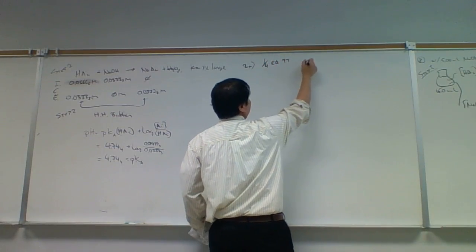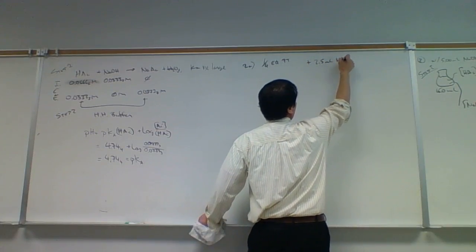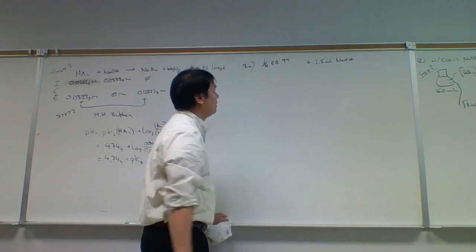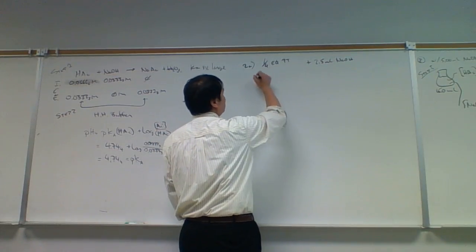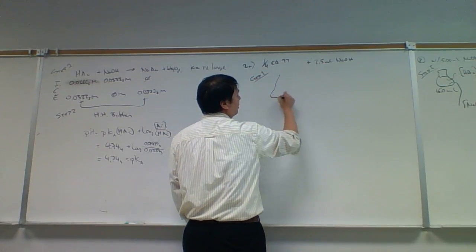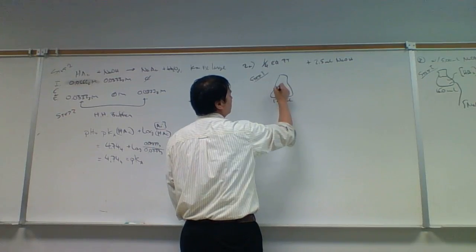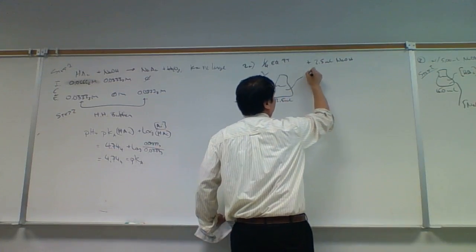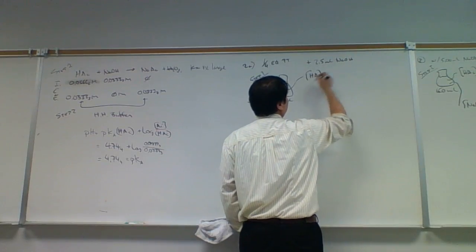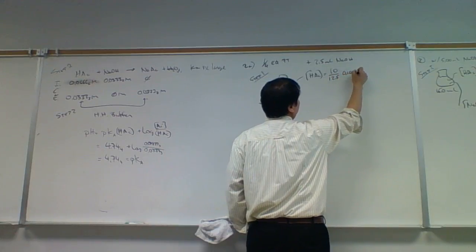The 1/4 equivalence point would be plus 2.5 milliliters of sodium hydroxide. And so if we start over again, at step I, we're going to have, rather than 15 milliliters, we're going to have 12.5 milliliters. Let's recalculate the acetic acid concentration. This is going to be a 10 to 12.5 dilution of 0.100 molar.